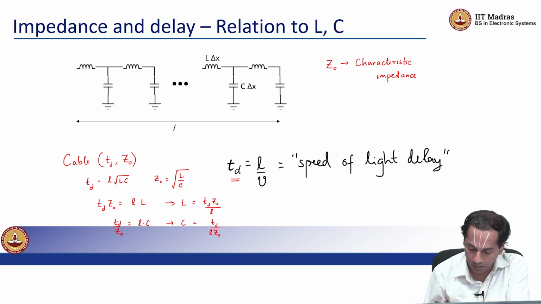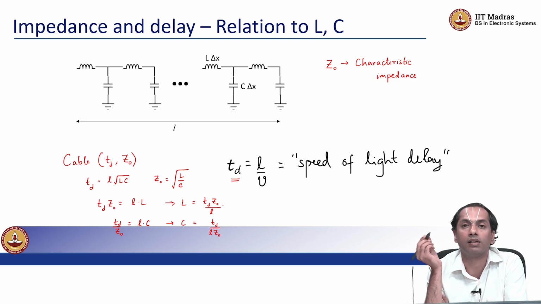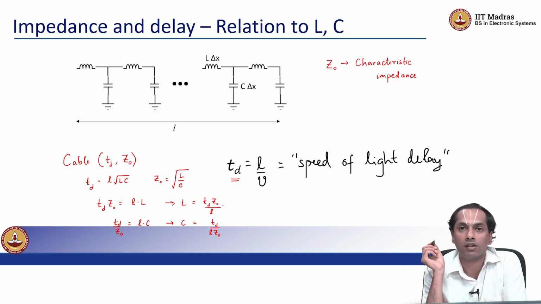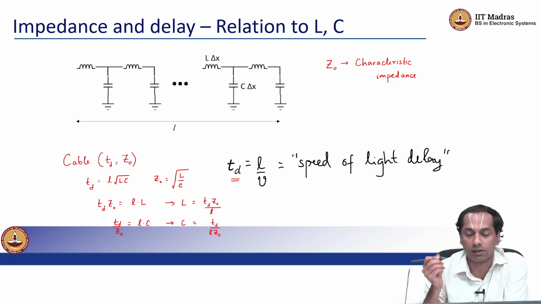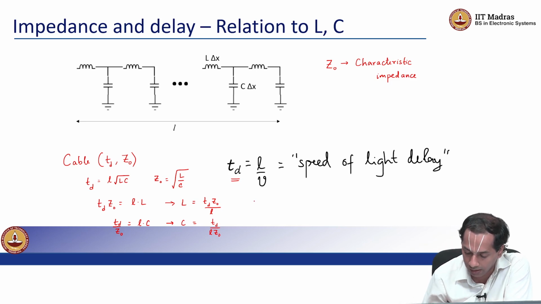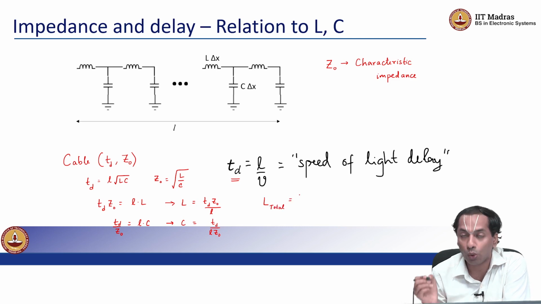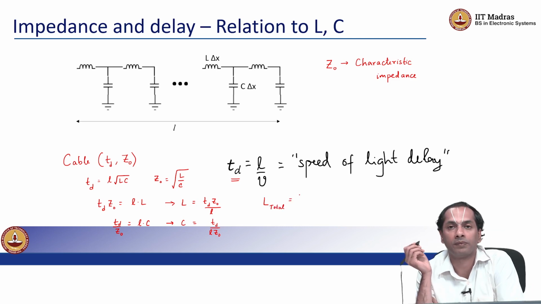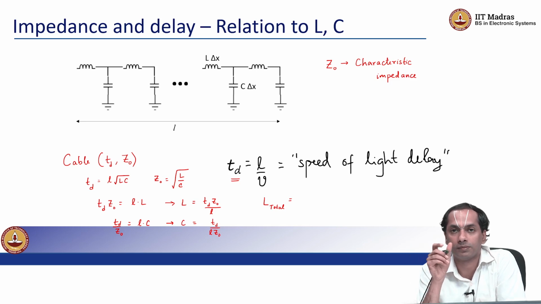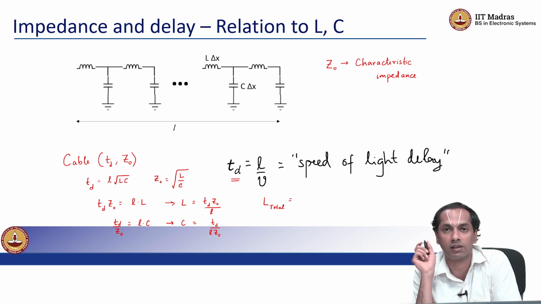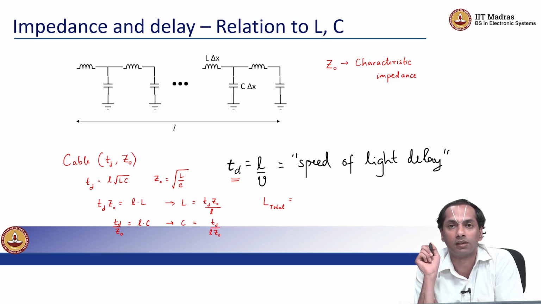That is why you are noticing the l in the denominator, right? So you can also estimate the net inductance, right? So if I want to call out specifically the total inductance, even though it is not a lumped element, remember that the transmission line or the cable is not a lumped element anymore, right?